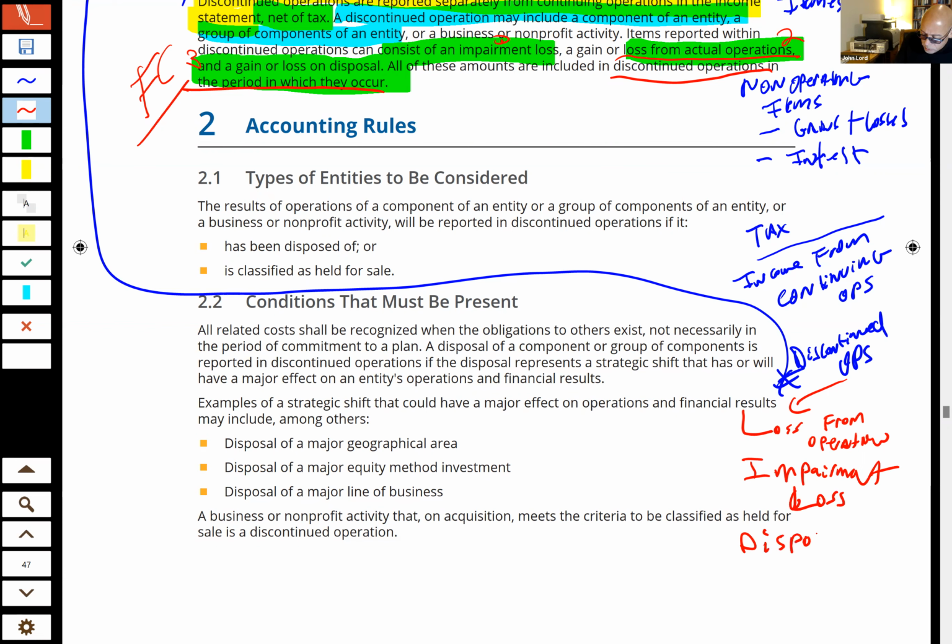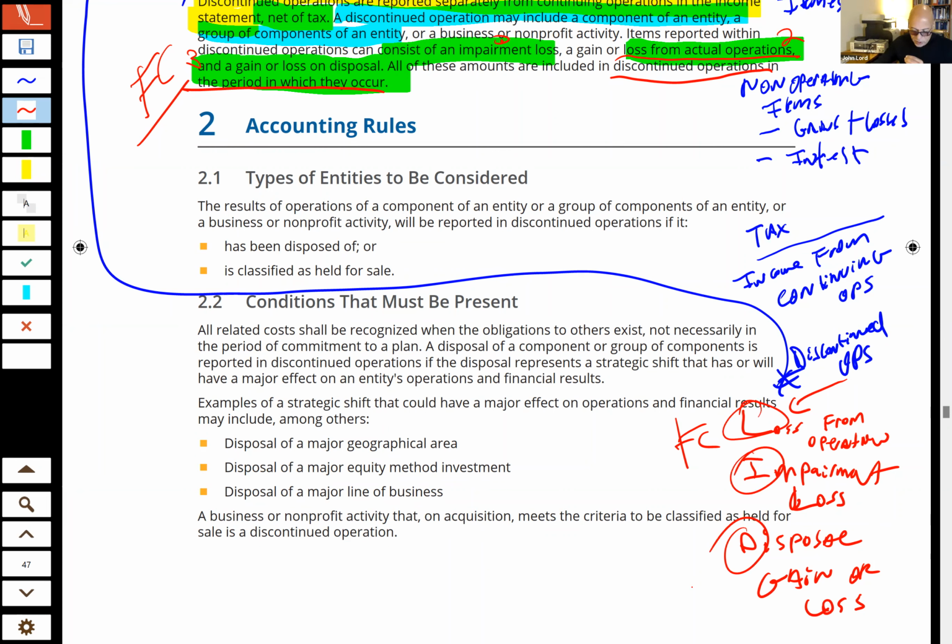The disposal, and that could be a gain or a loss. So you can flashcard that mnemonic. The discontinued operations can consist of the loss from the actual operation, the impairment loss, the disposal gain or loss. We're going to blow the lid off of this operation. That's what goes into the discontinued operations section.